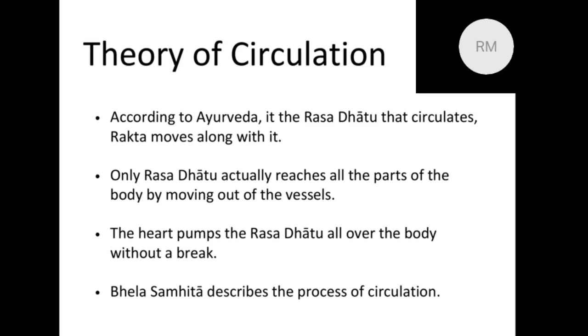Because Rasa comes into the heart and moves also out of the heart through the vessels which originate from the heart, the heart is said to be the seat of Rasa Dhātu. And that's interesting again, that the heart is the seat of Rasa, not Rakta.